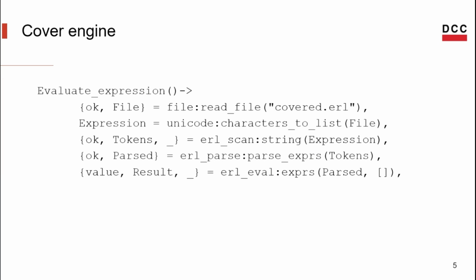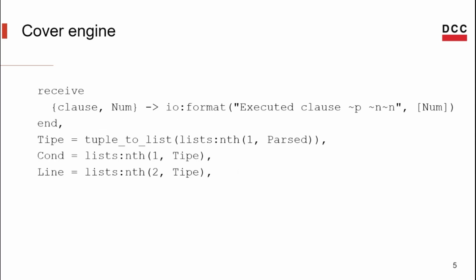Then we take the AST, which stands for abstract syntax tree, that is that way of representing the code divided in expressions. We convert it to a list, and then we store this list in this type variable. With our example here, within the type, the first item is going to be the if, and the second item from the type variable is going to be the line. So we put this if inside this cond variable, and we put the line inside the line variable.